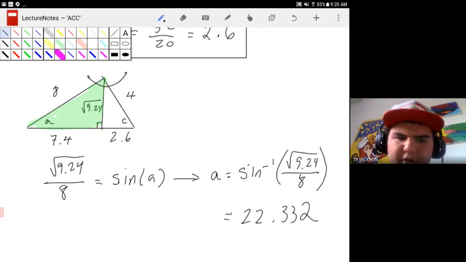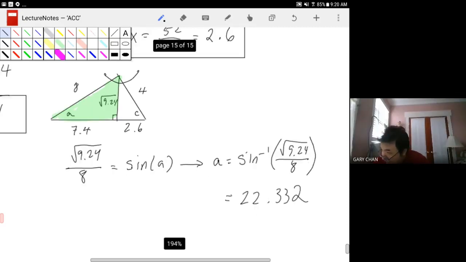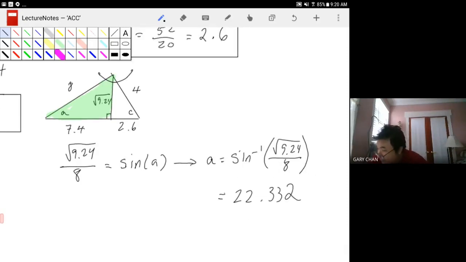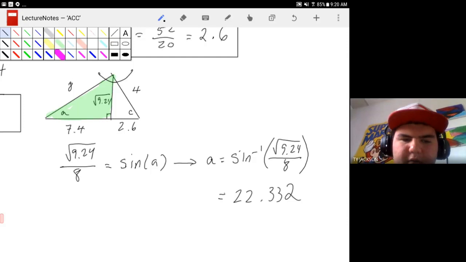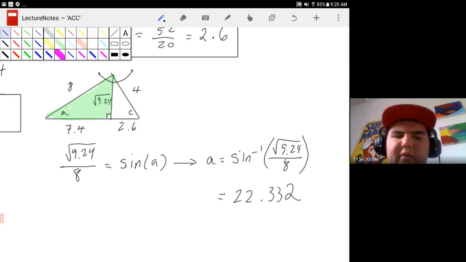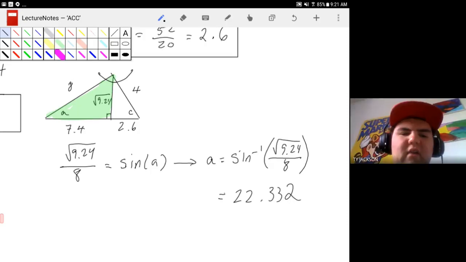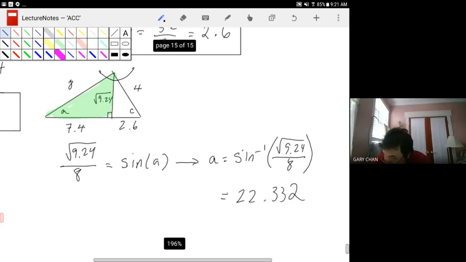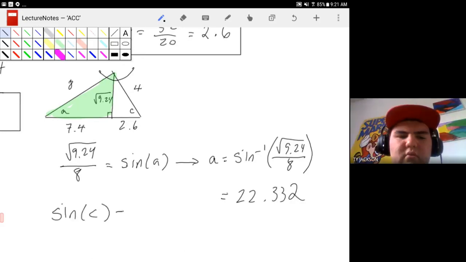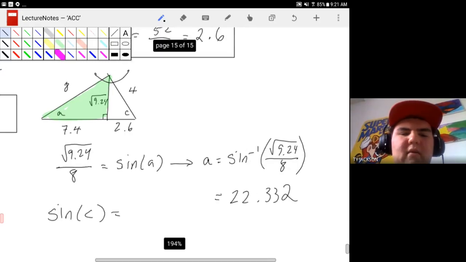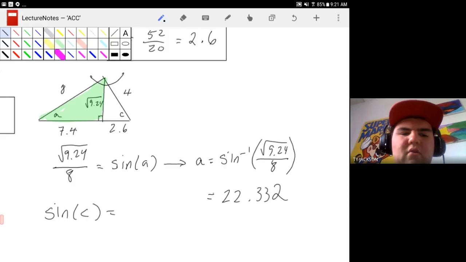Let's do angle C. Yeah, I agree, Ty. So let's figure out what angle C is. Can you help us put that together? Okay, so we have sine C equals square root of 9.24 over 4.